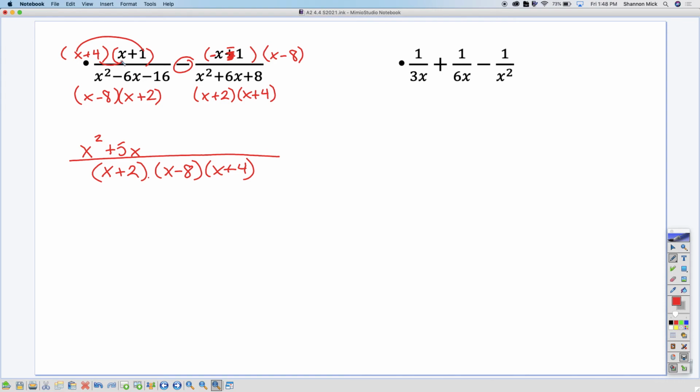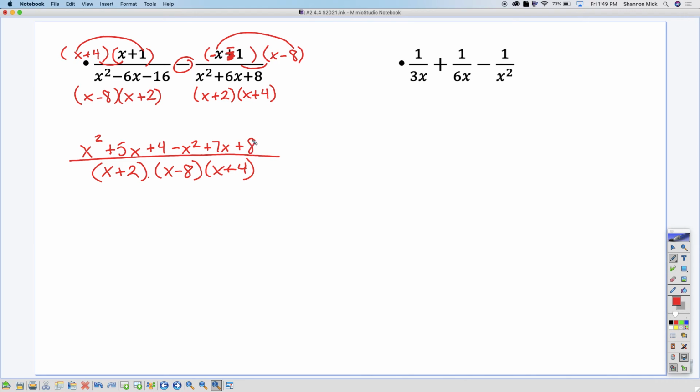And then plus 4. Okay, and then I'm going to have minus x squared, aren't I? And then this would give me positive 8, and this would be negative 1, so it would be plus 7. And then negative 1, negative 8 would be positive 8.